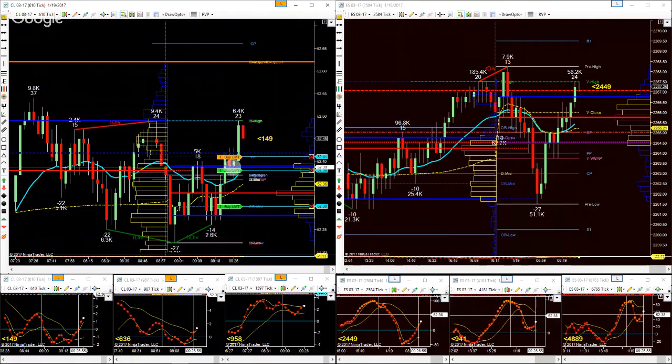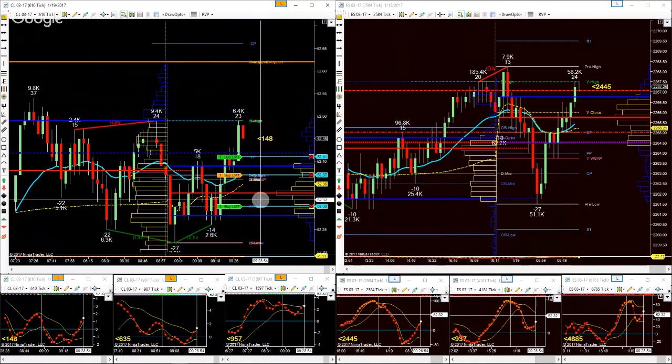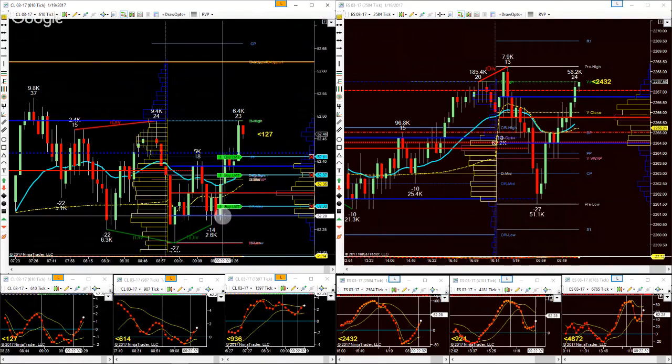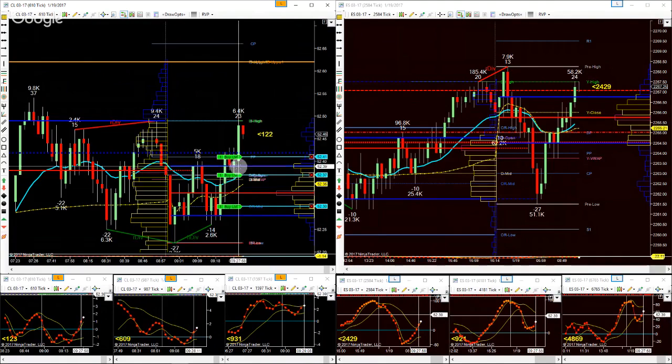Let's bring this down just a little. And right now, what we're looking for, we had a nice little push up here, little consolidation, breakout, looking for a pullback with an opportunity to go long. Let's cancel this order here.